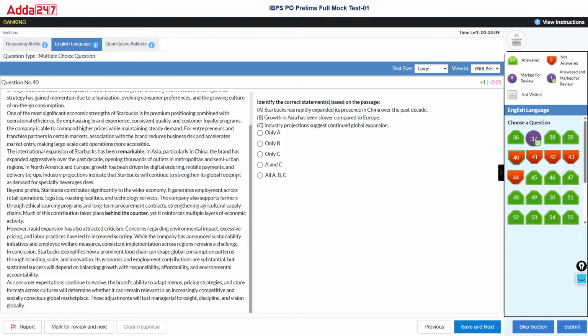Starbucks will continue to strengthen its global footprint. So yeah, C is correct. B is not. So A and C only.